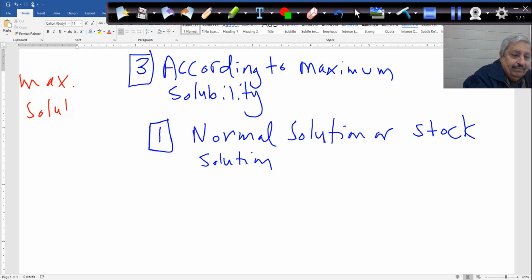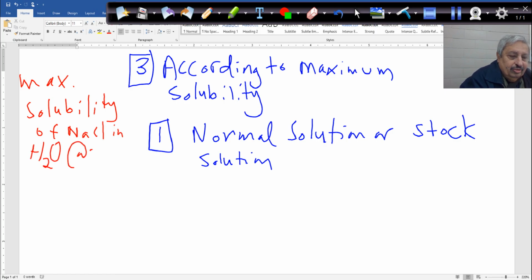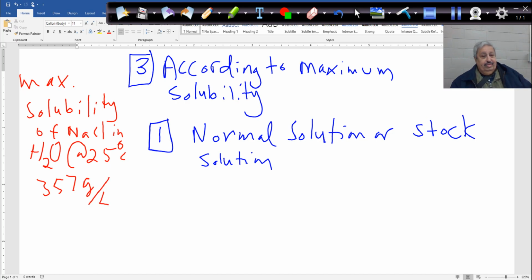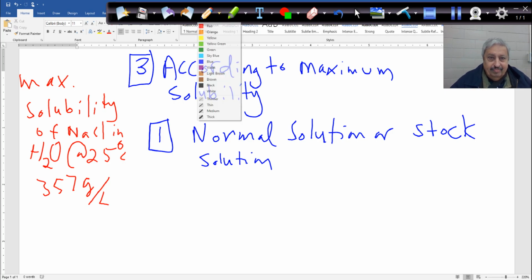So the max solubility of sodium chloride in H2O at room temperature of 25 degrees Celsius is 357 gram per liter. So, 357 gram per liter.